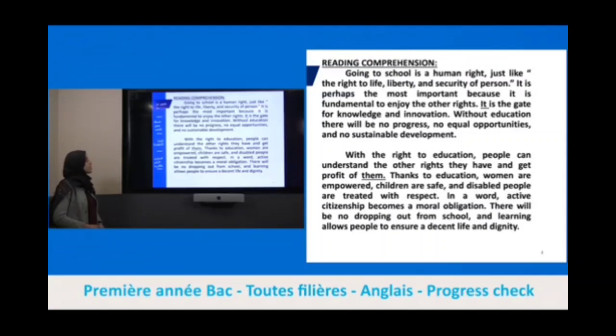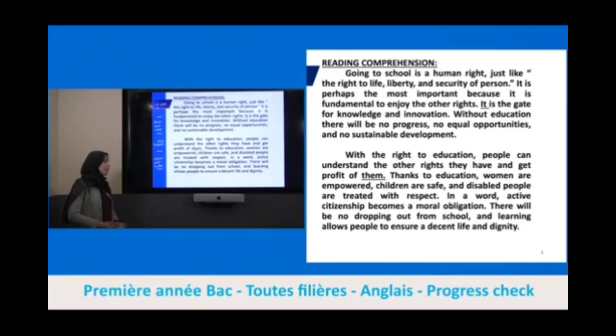Without education, there will be no progress, no equal opportunities, and no sustainable development. With the right to education, people can understand the other rights they have and get profit of them. Thanks to education, women are empowered, children are safe, and disabled people are treated with respect. In a word, active citizenship becomes a moral obligation.